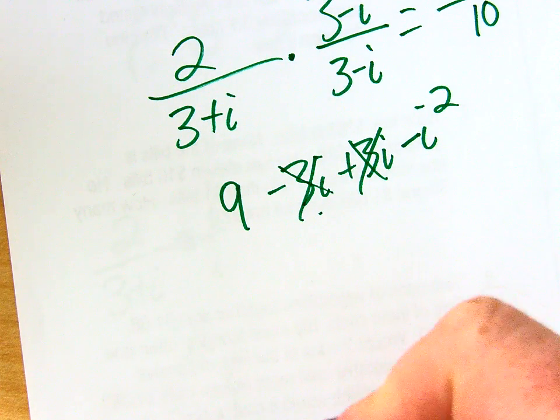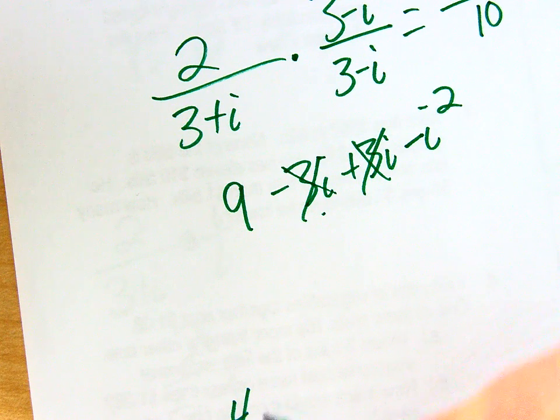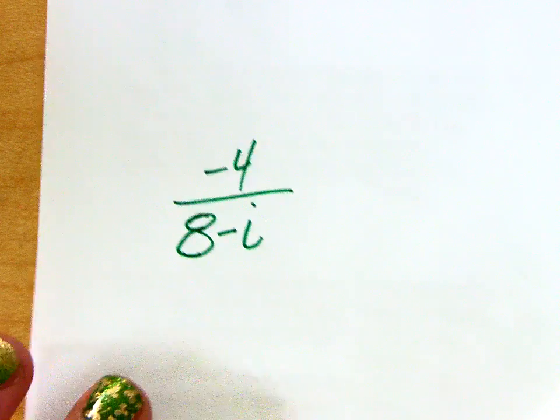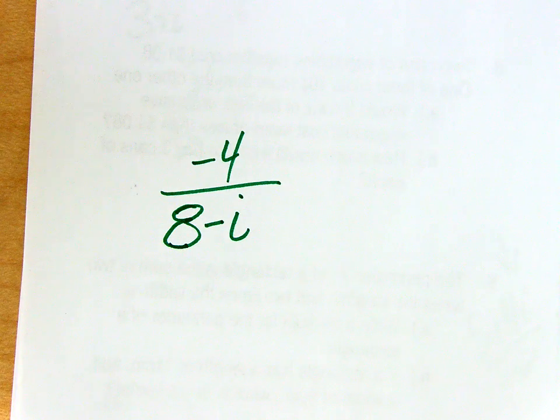How about, let's throw a negative up top. How about negative 4 over, I don't know, 3, oh, I just did 3. How about 8 minus i? Try and rationalize that one for me, please.